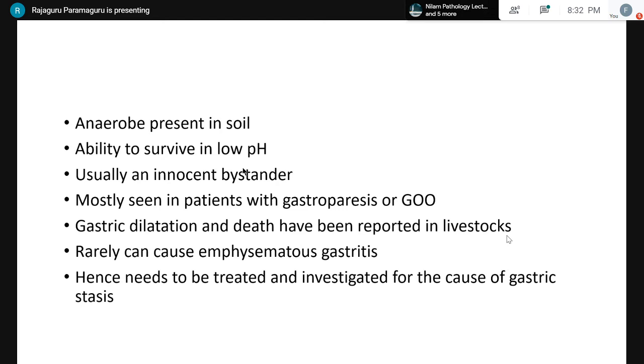So when these organisms are present in a gastric biopsy, it is necessary to investigate further for anything abnormal causing gastric stasis or gastroparesis, and it has to be treated, because there is always a risk of emphysematous gastritis. So that has to be conveyed.